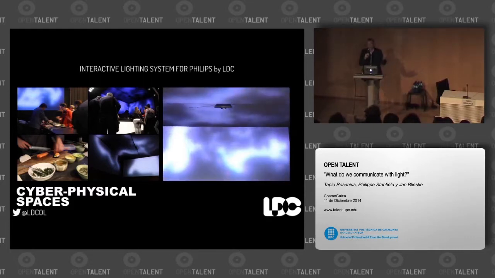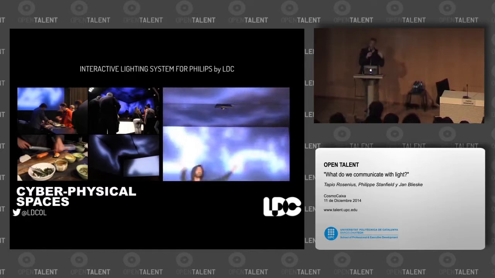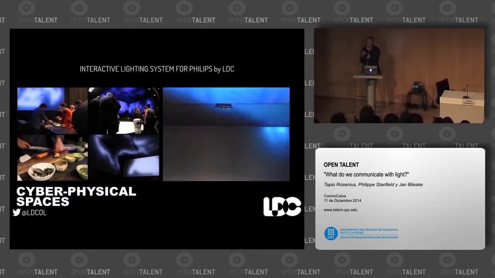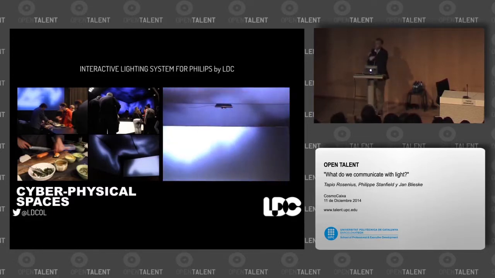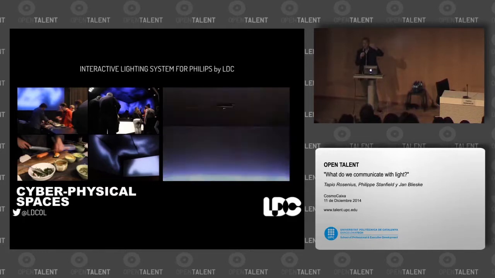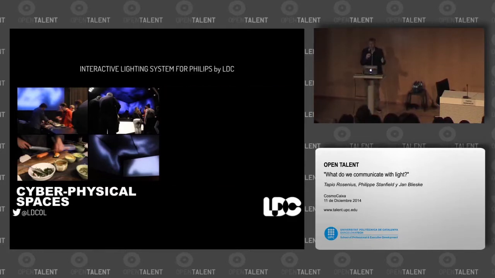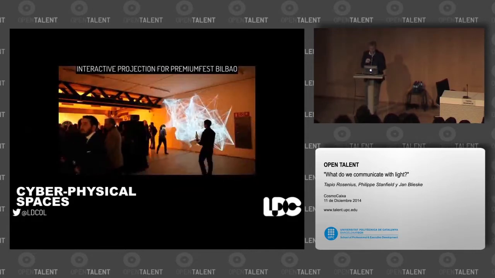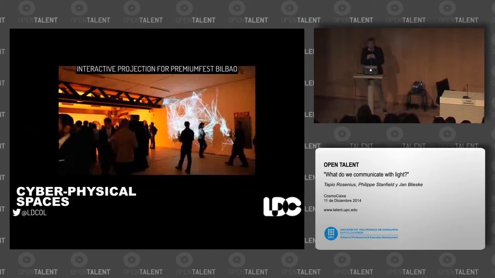That makes it cyber-physical because he's in contact with his surroundings. The light is constantly reacting to what he does. When the plate is ready, he lifts his hands up, claps them together, and the light explodes, and you know you can go and get your plate of sushi. It's a very simple way of approaching this, but it's early days.